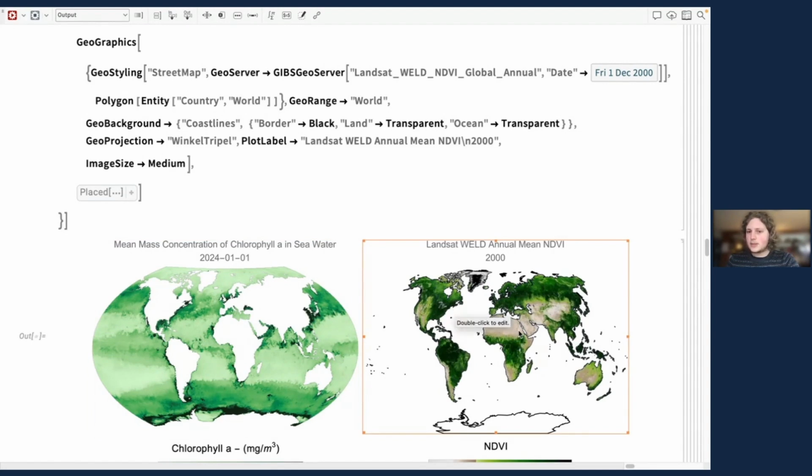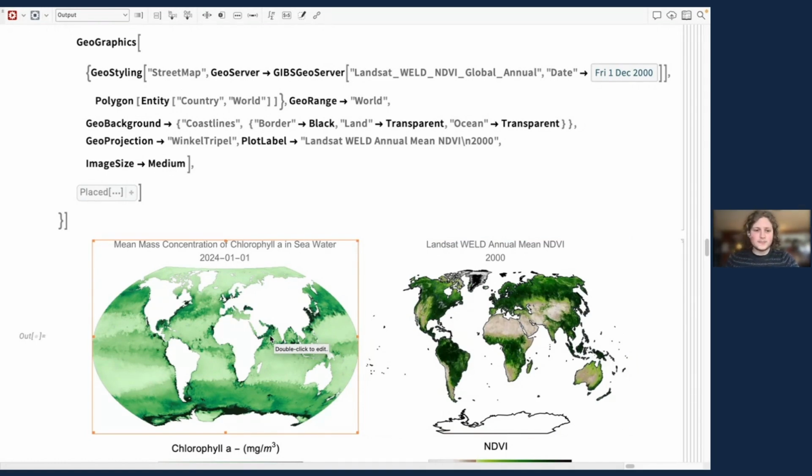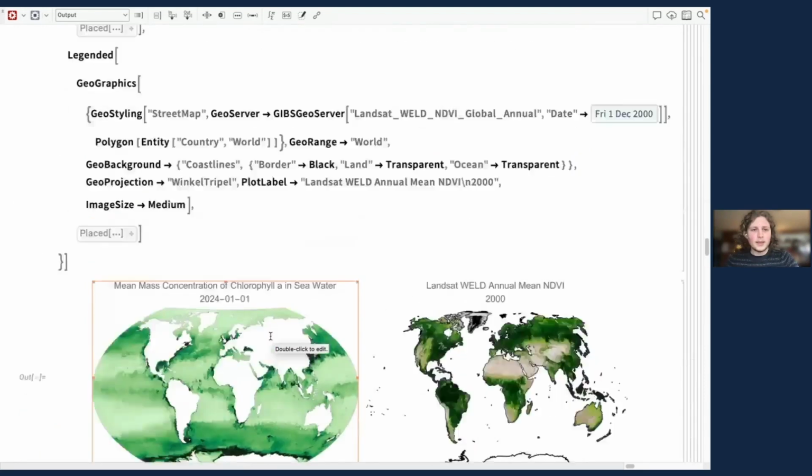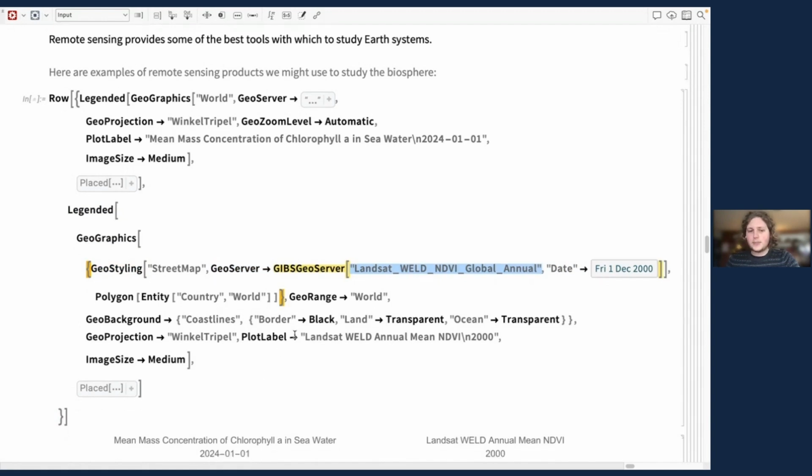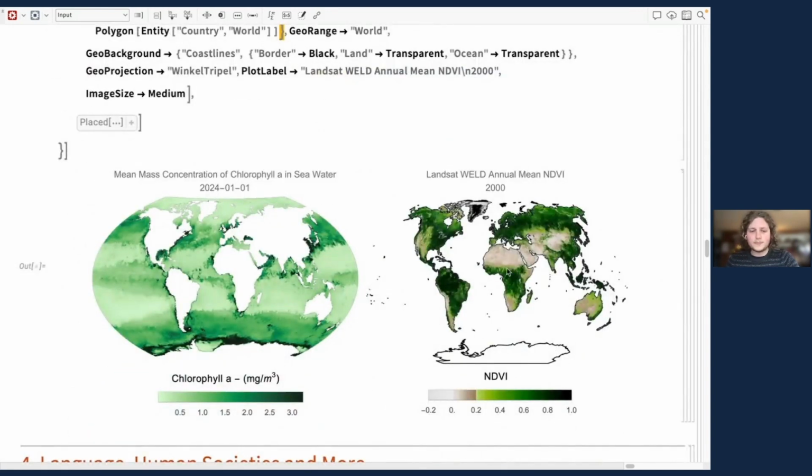This is from NASA's GIBS service, and this is from Copernicus EU's Marine Data Service. And in the case of the GIBS data, for example, we can simply say, I'd like to get a geographics object with the geoserver specified to this particular resource at this particular date, bring it in, plot it for me, and it will give it to you.